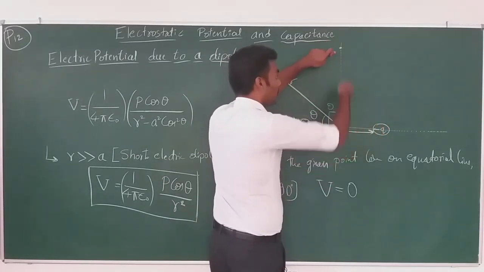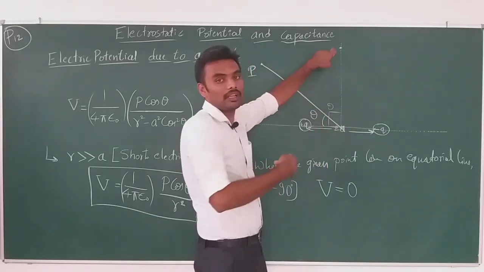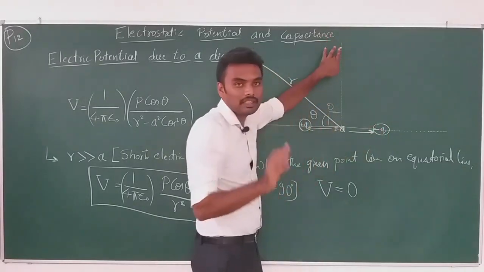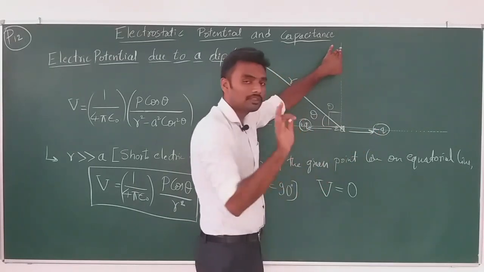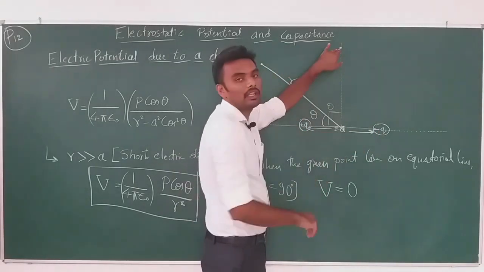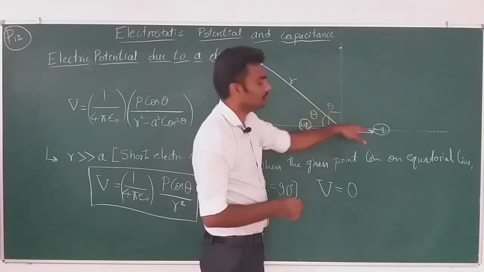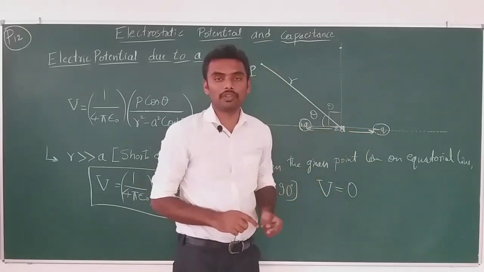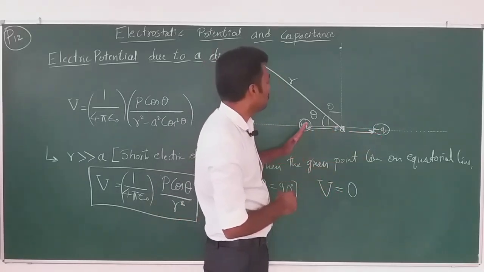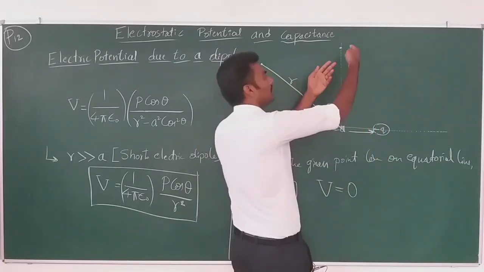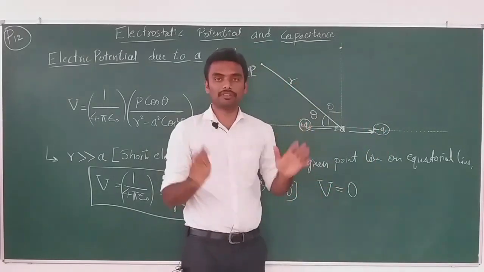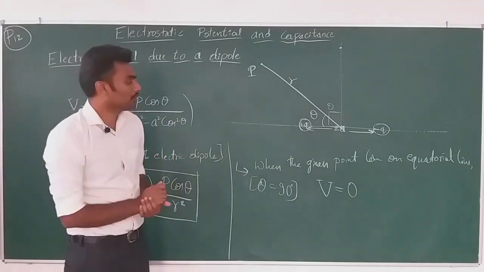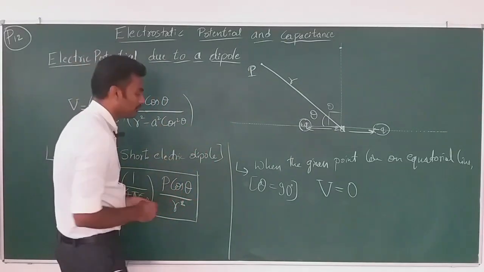The distances are equal, and the charges are also equal in magnitude. That makes the magnitudes of the potentials equal. But the kinds of charges are opposite, this is plus, this is minus. So we will have plus V minus V, and the sum becomes 0, right. So it is also valid when we consider the potential due to a system of charges.